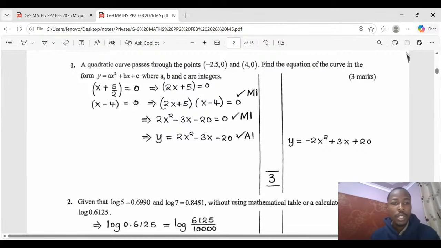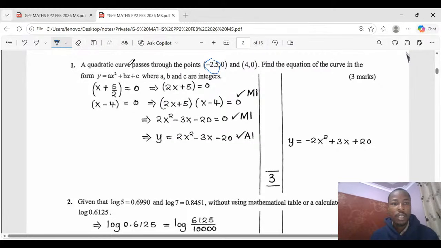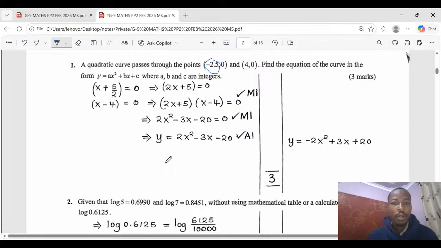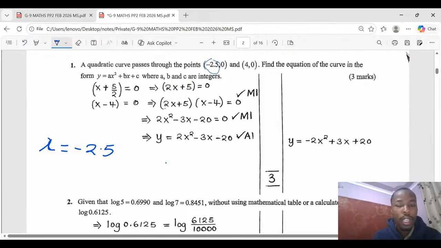Here you have -2.5, which you can write as -5/2. So x = -2.5.